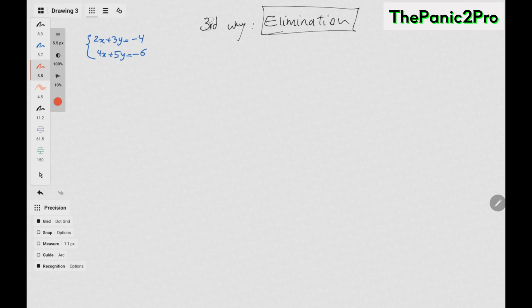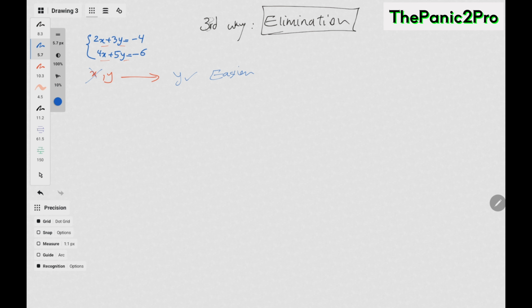We have x and y. So what if we eliminate one of them, right? If we can get rid of one of them, and we have everything based on y, that would be easier to get solved.